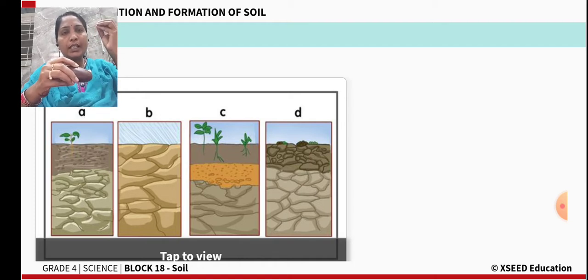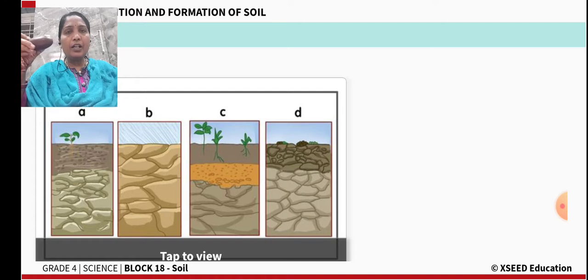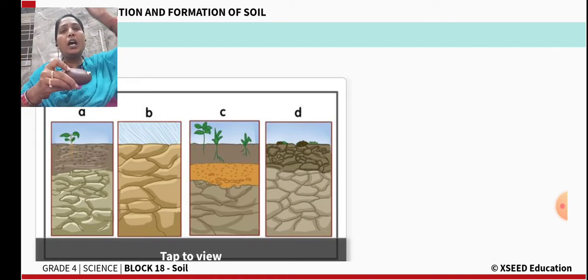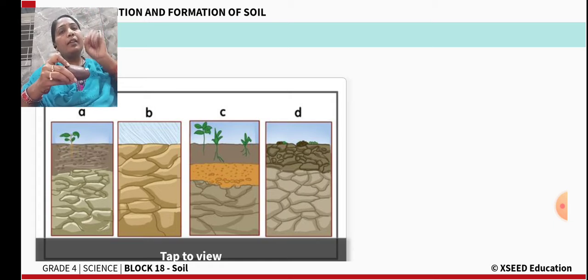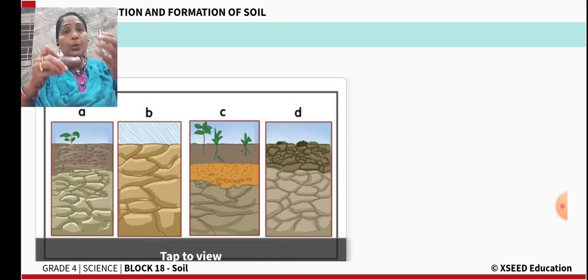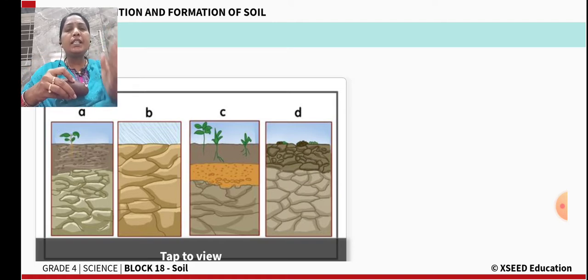In nature, there are huge rocks available, and those rocks absorb the heat from the sun. By night time the atmosphere cools. Because of the continuous heat and coolness, the rocks get some cracks in them.